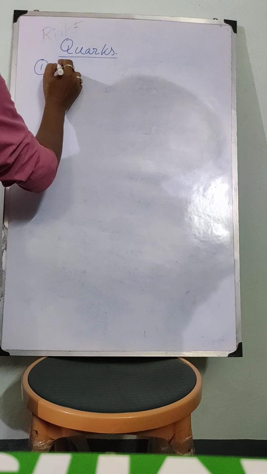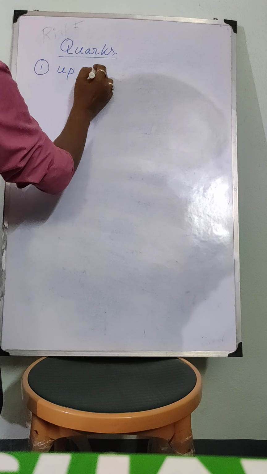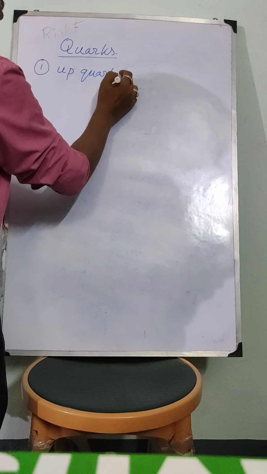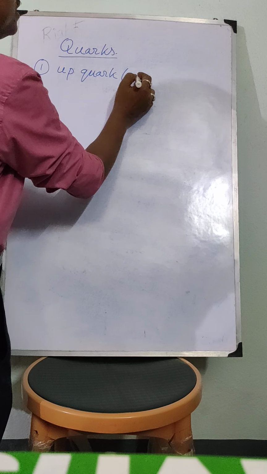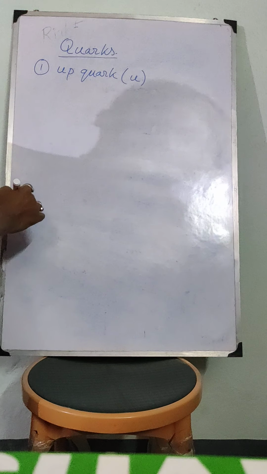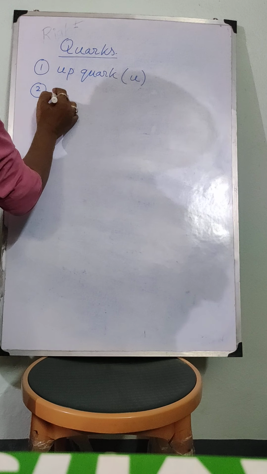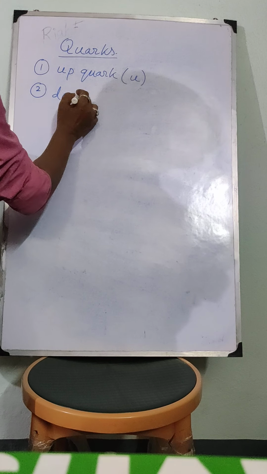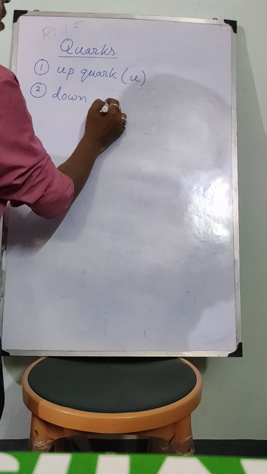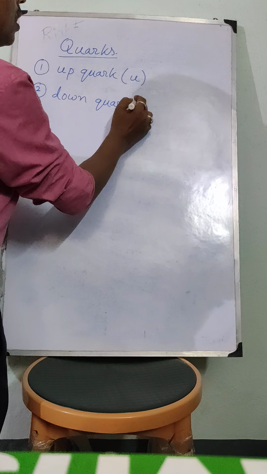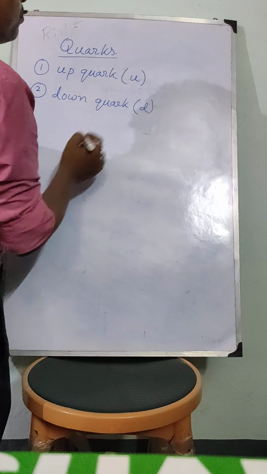Now first comes the up quark. Up quark is denoted by small u. Then comes the down quark, denoted by small d.